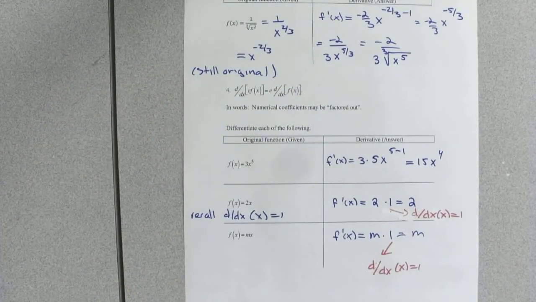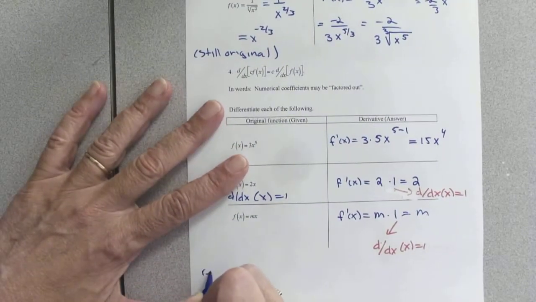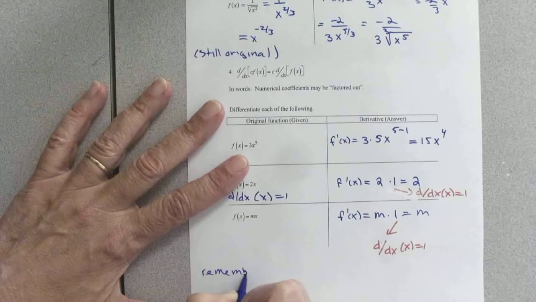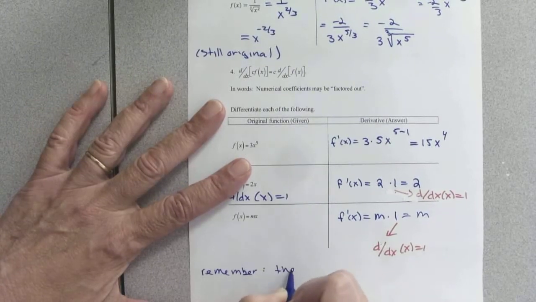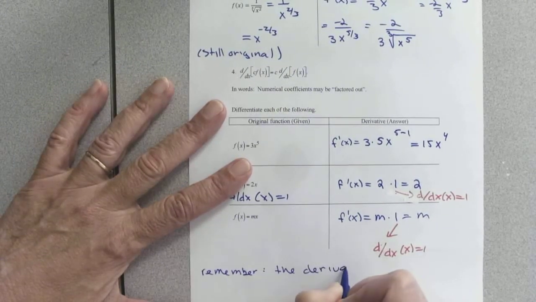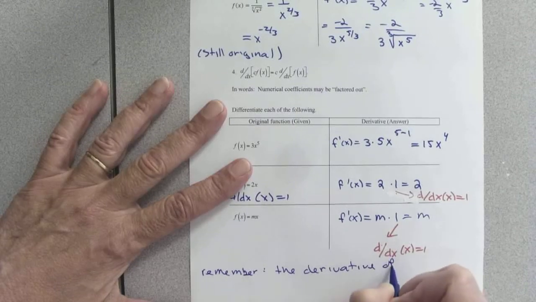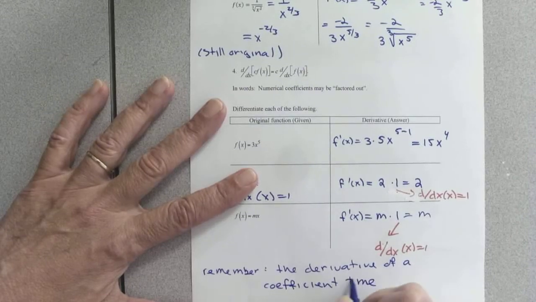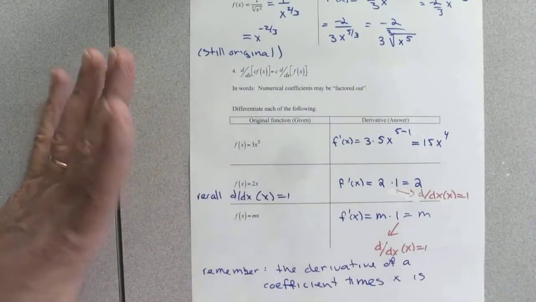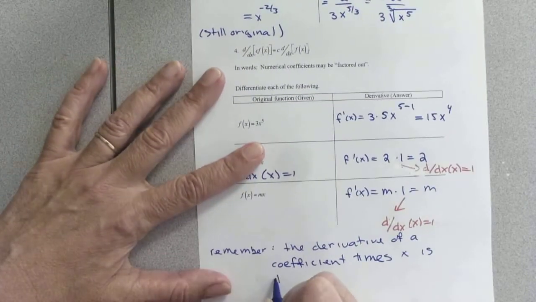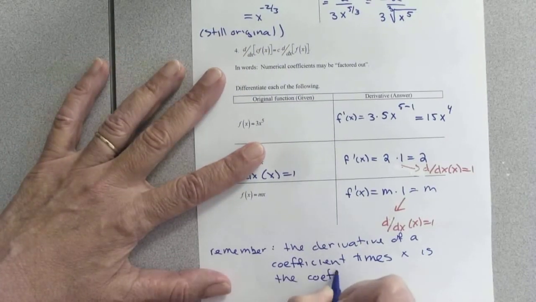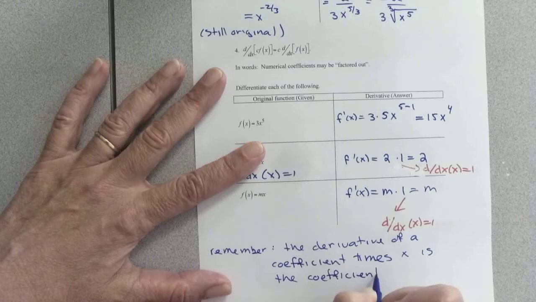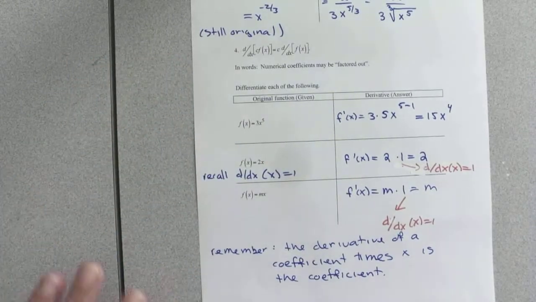And so the point that we really want to get here, because you don't want to do that every single time, what you want to remember is this. The derivative of a coefficient times x, or y, p, q, is the coefficient. That's what you want to remember there.